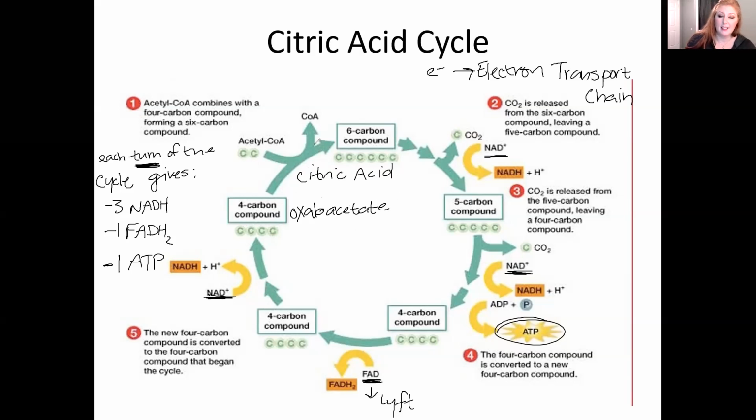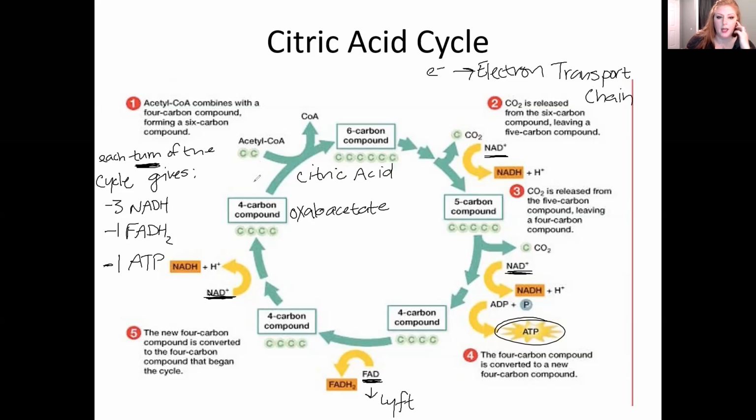As this chemical reaction cycle happens, we lose a carbon to carbon dioxide, so we have a 5-carbon compound. Then we lose another carbon to form carbon dioxide, so now we're back to 4 carbons. And then a different 4-carbon, and then finally to oxaloacetate again, where it's going to pick up new carbons coming from pyruvic acid grooming and start over.